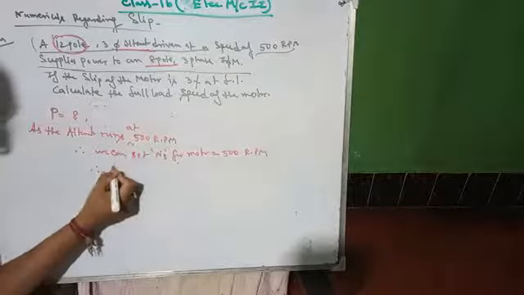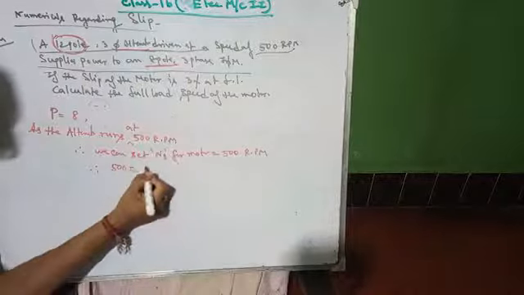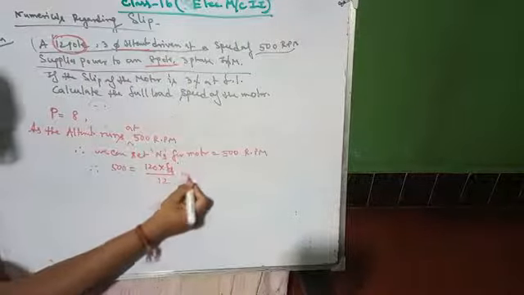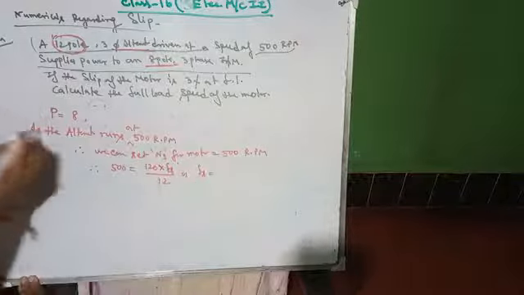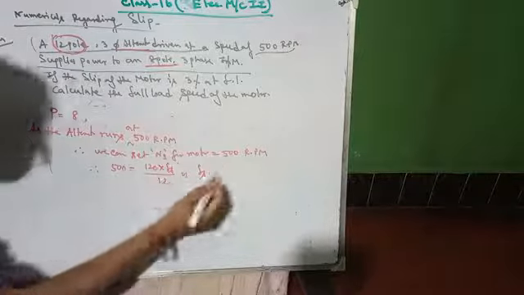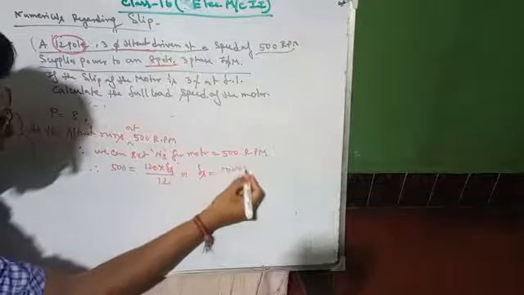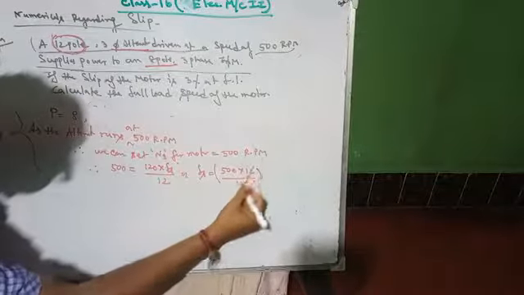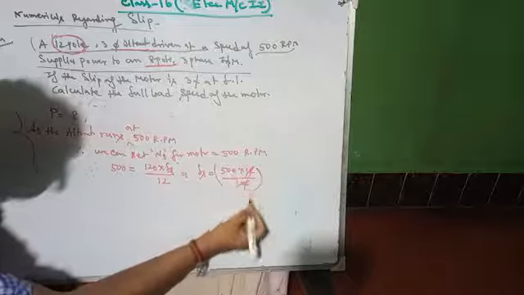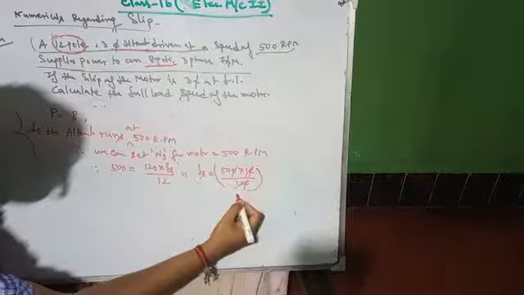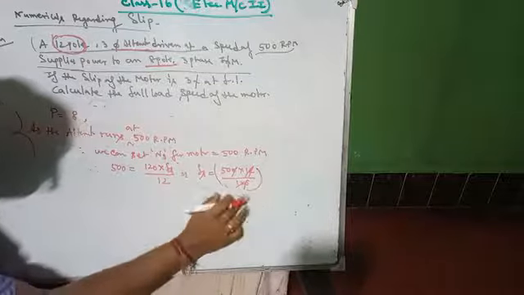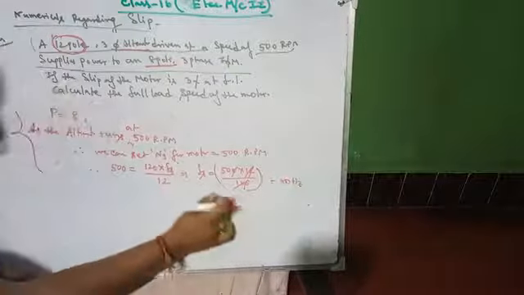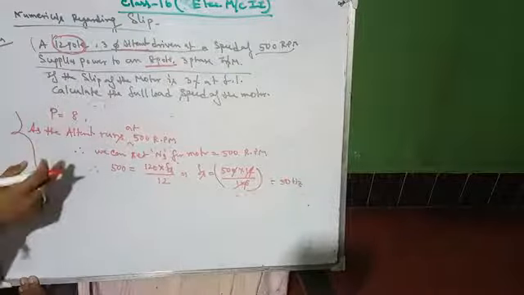Therefore 500 equals 120 Fs by 12. Let us first find Fs, the frequency of the supply system. Fs equals 500 times 12 by 120. The zeros cancel out, 12 cancels out, so 50 Hz, right? So here you can say that a 50 Hz supply is given to the motor.